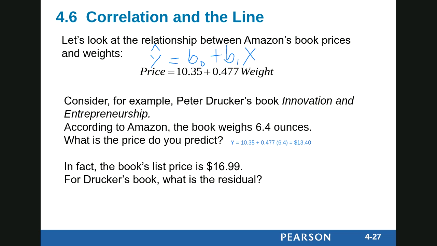For residual, I have to do observed value minus the predicted value, which is $16.99 minus the predicted value. And Dong Yang and Danielle, you say it is $3.59. That's my residual, E.